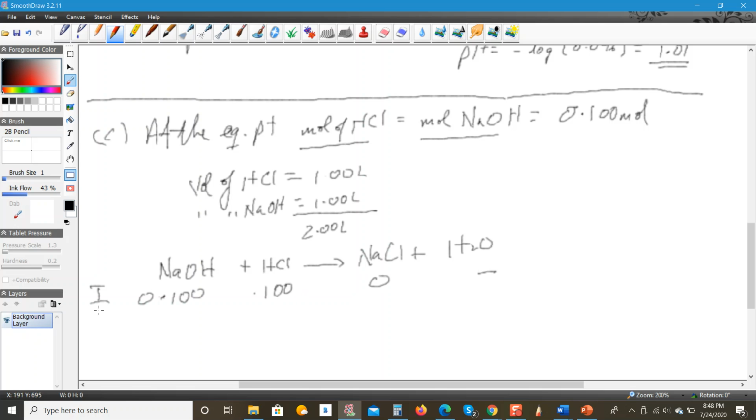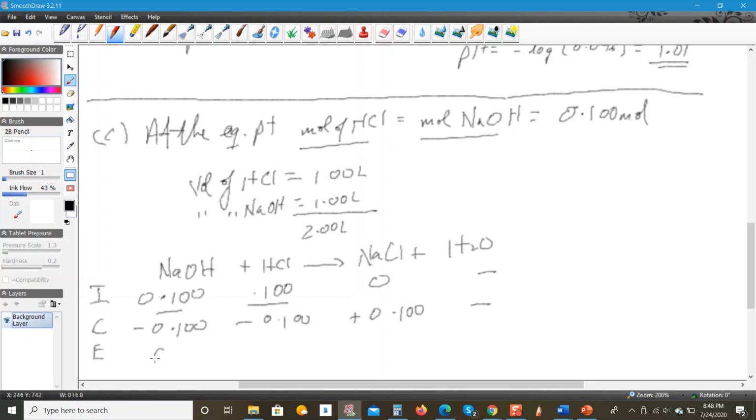Don't need to worry about that. The change here is, of course, because these two are the same, they're both limiting reactants in the sense that they will react with each other completely. So therefore, the change here would be minus 0.100. Here is going to be minus 0.100. This will be plus 0.100. Nothing to worry about there.